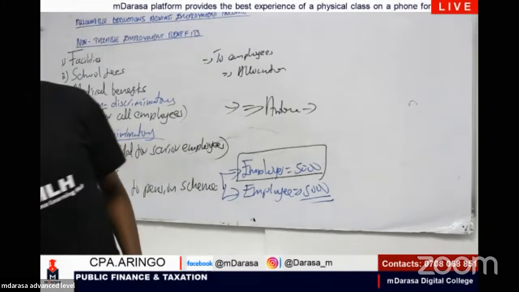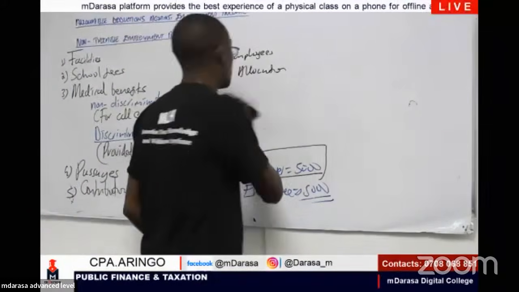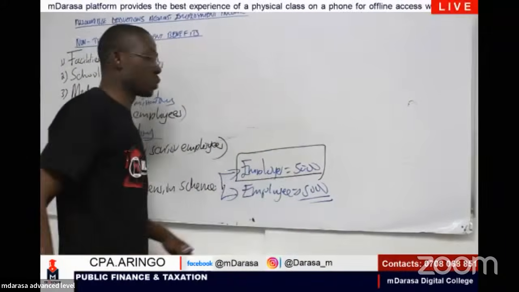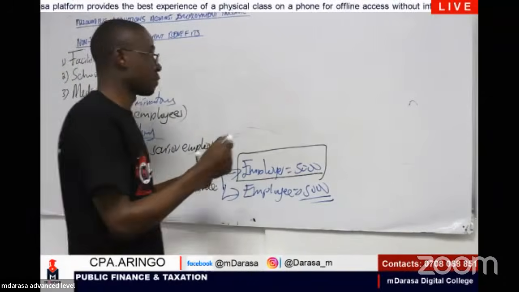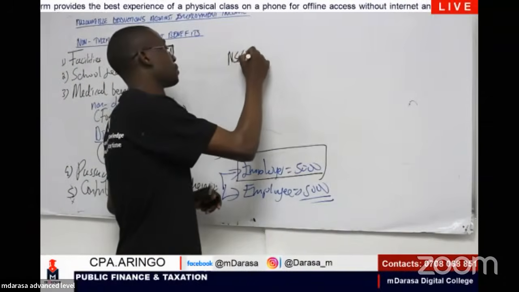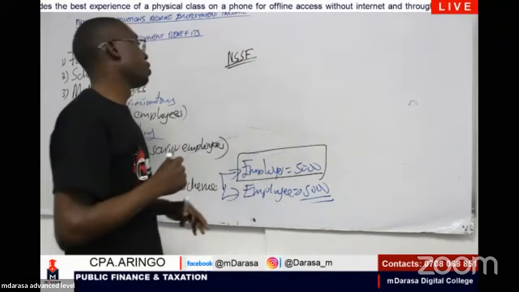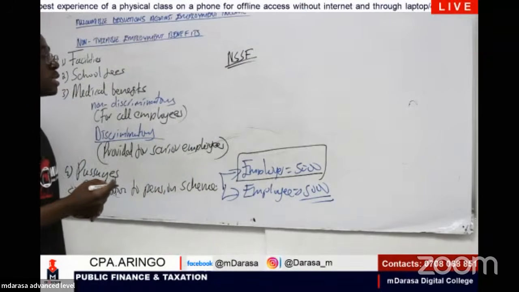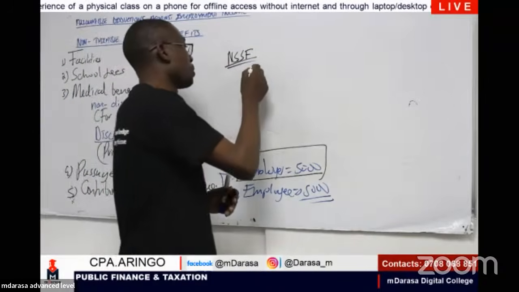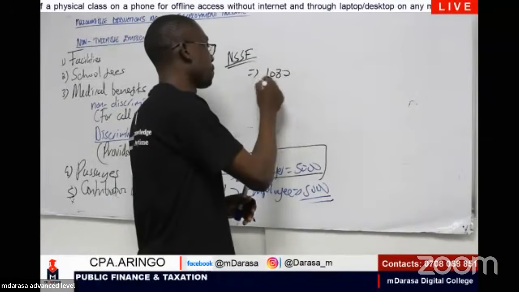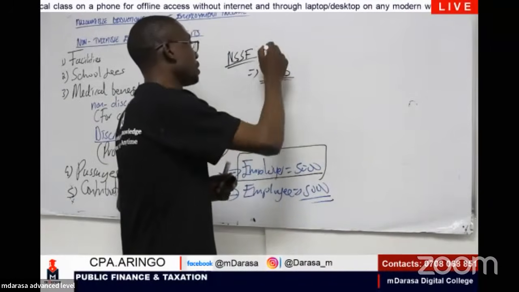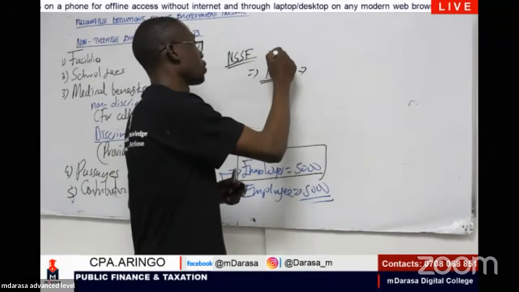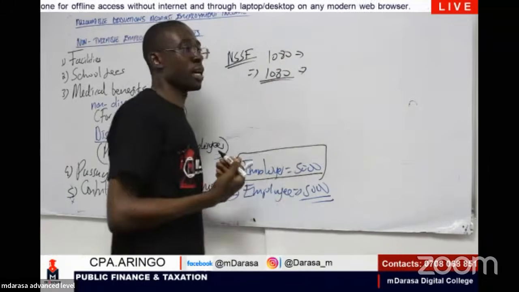That's the reason why you'll always tend to find, for example, if I was to take a good example of NSSF, that what normally happens is, maybe I told you to take the 1080, I contribute 1080, then the employer contributes 1080 on my behalf.